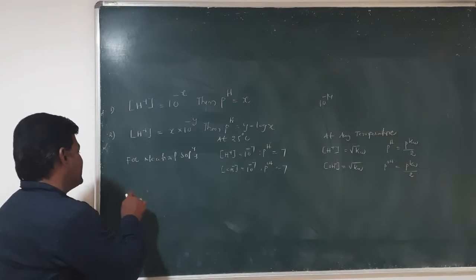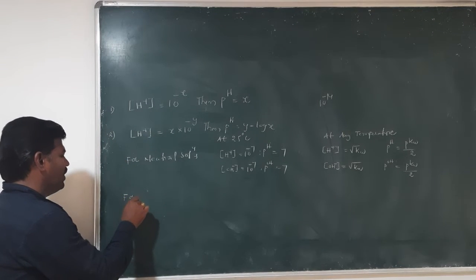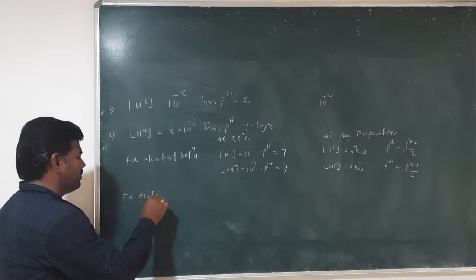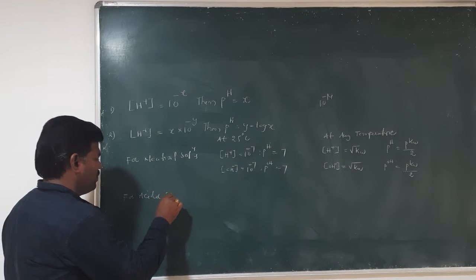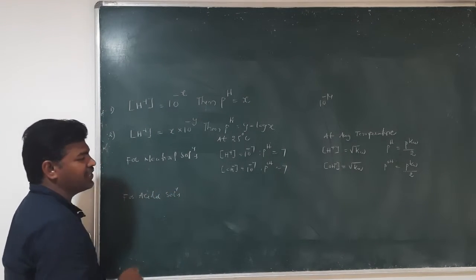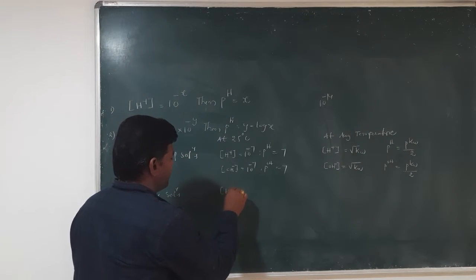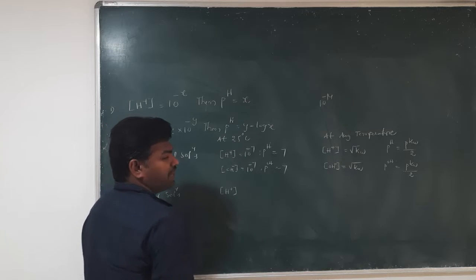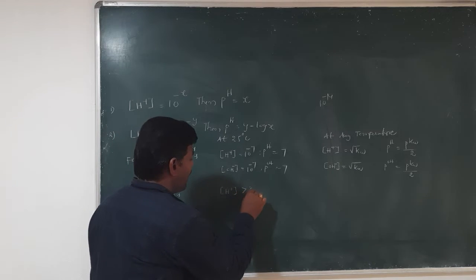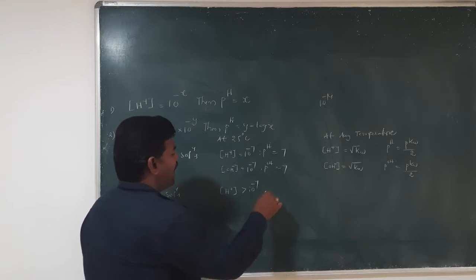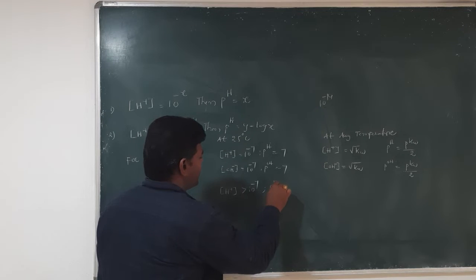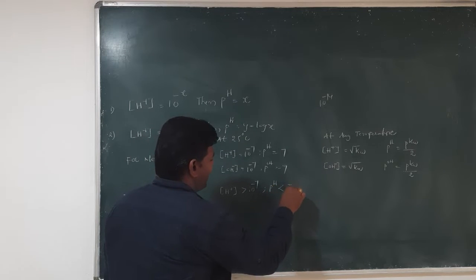And for acidic solutions, the concentration of H plus ions is greater than 10 power minus 7 and the pH of that solution is less than 7.